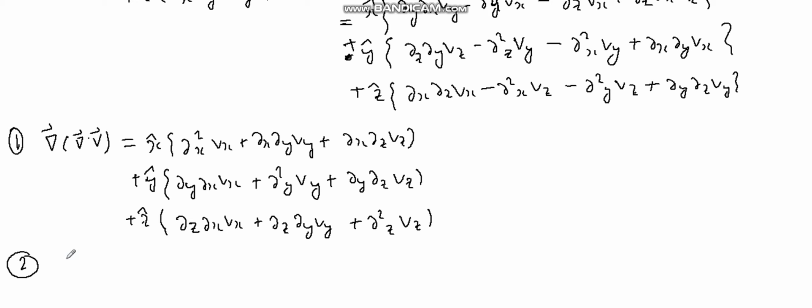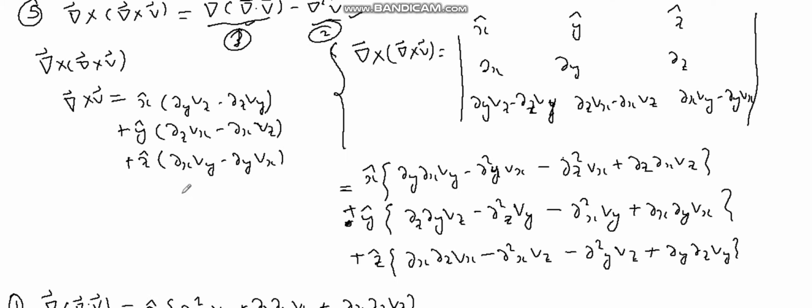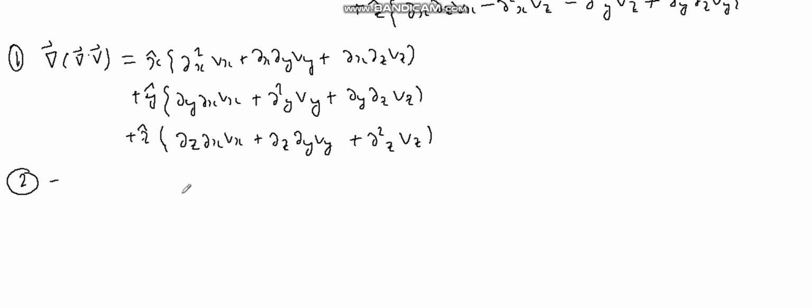Second term is del square v, so it is going to be del 2 x, this is v. Del square v we have already calculated.